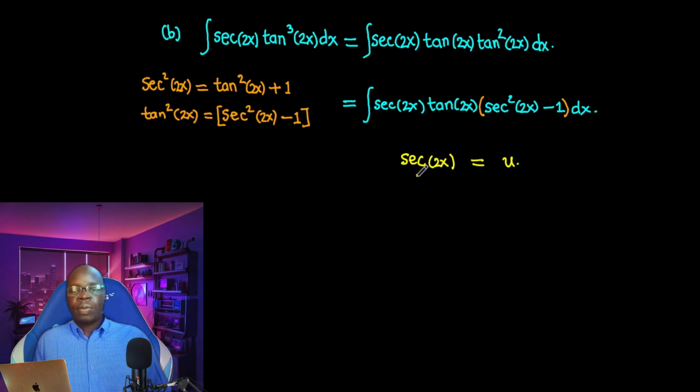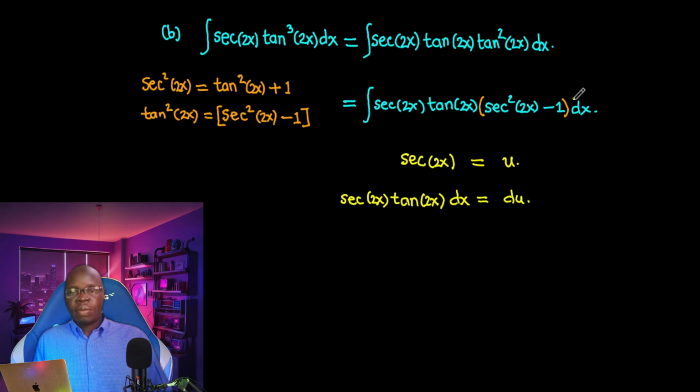Now, when we differentiate secant with respect to x, what we get is secant 2x and tan of also 2x with respect to x equals to, and the derivative of u is 1 with respect to u.